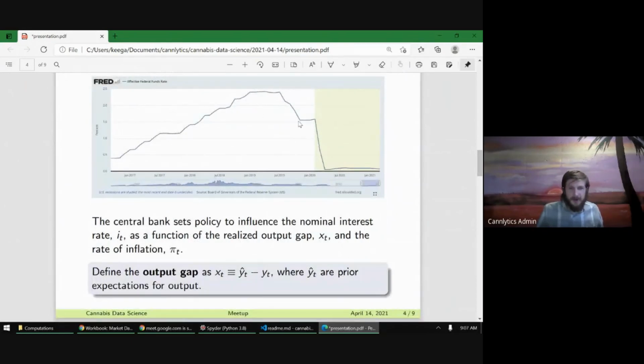So long story short, the way that Federal Reserve policy generally works is when the economy is expanding, they try to raise the interest rate as high as they really can.